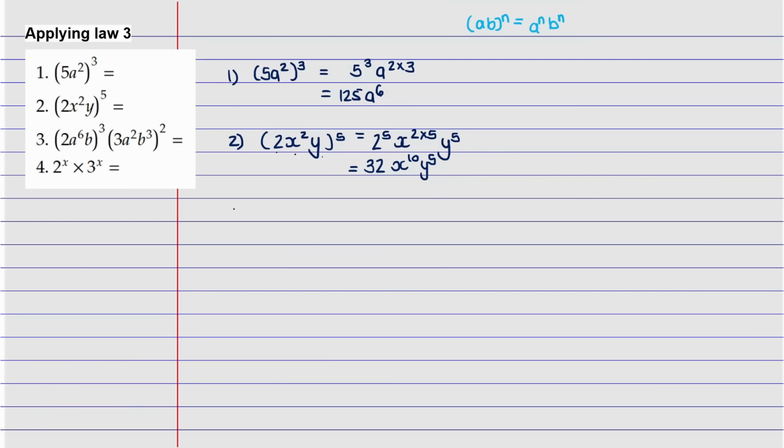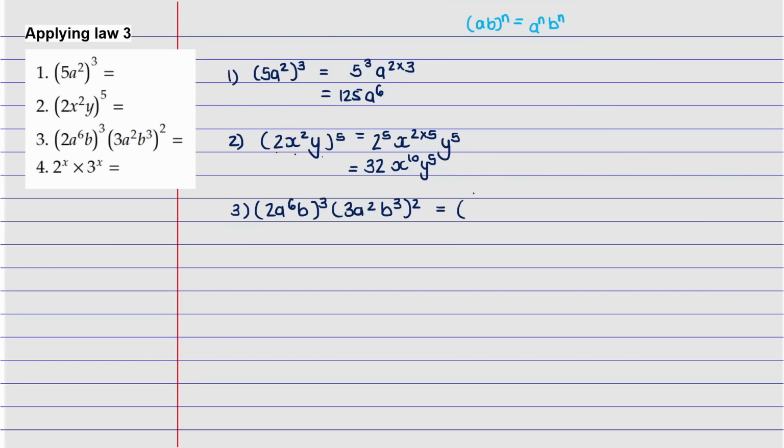Now we're going to do number 3. So number 3 is like this. If I have 2a to the power 6, b, all to the power 3, and then here I have 3a to the power 2, b to the power 3, all squared. Now I need to apply this law and distribute the exponent. For the first one, I'm going to put it inside a bracket.